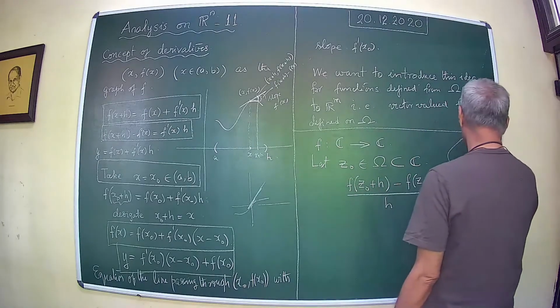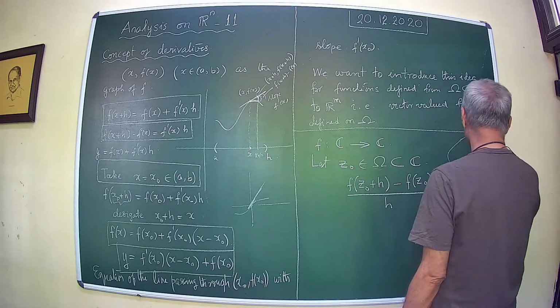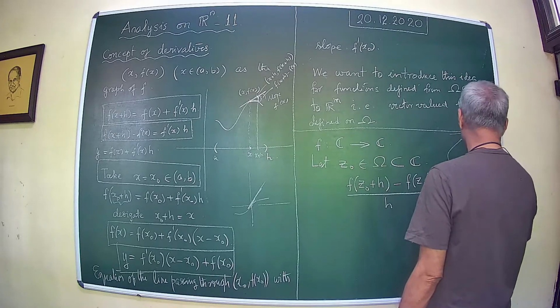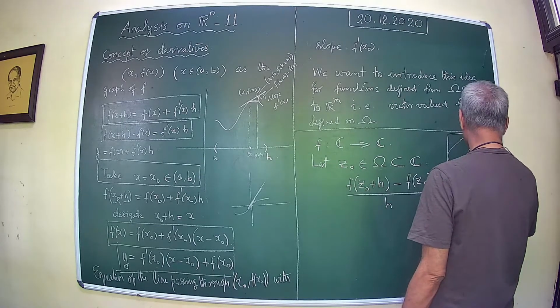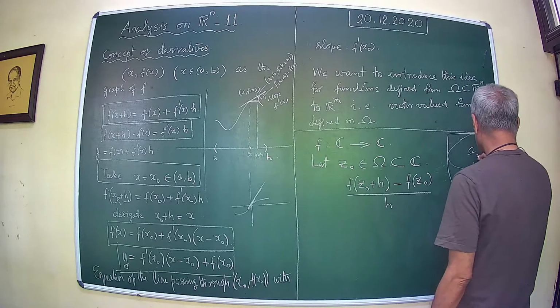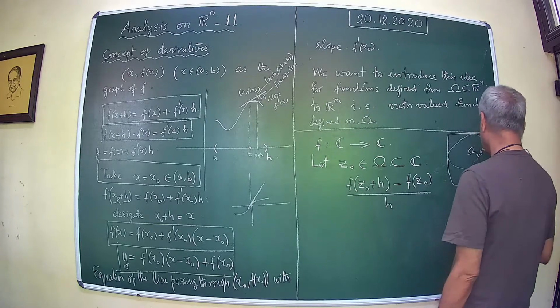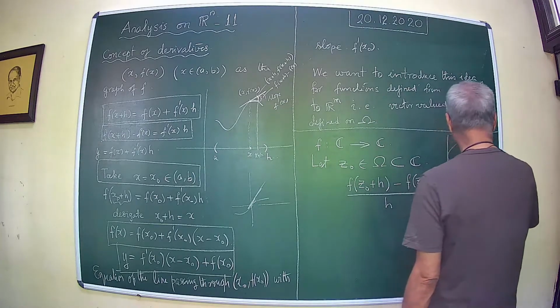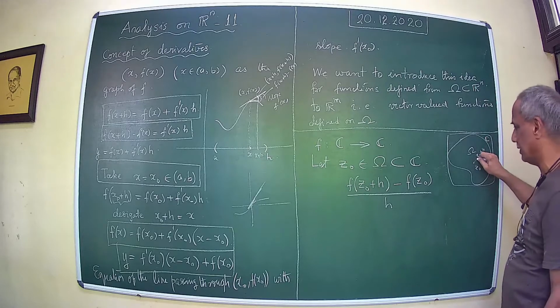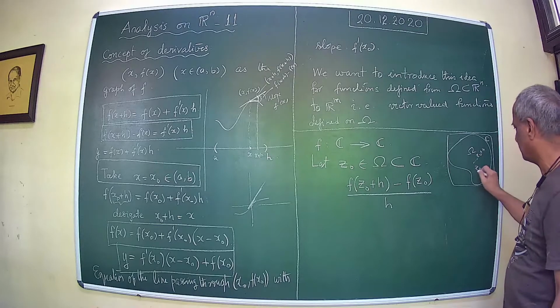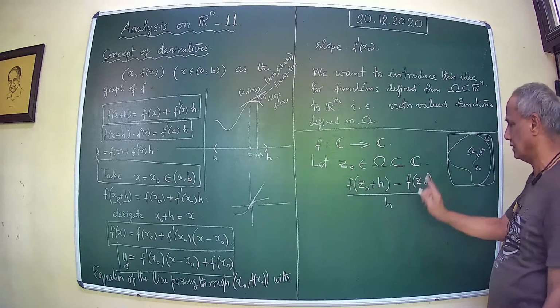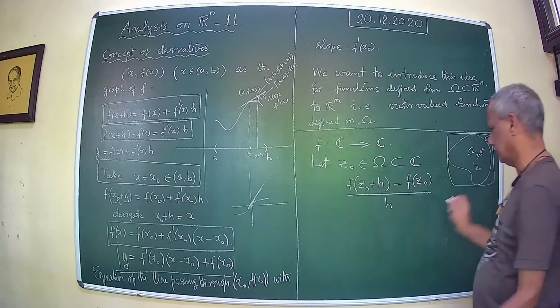The situation is this. So this is in C, you are taking a point z0 in omega. Then you have got z0 plus h. This is the point. And now what you are doing is you are evaluating f at z0 plus h, which is a complex number. Subtract from it f of z0 and divide by h. h is a complex number, so this makes sense.